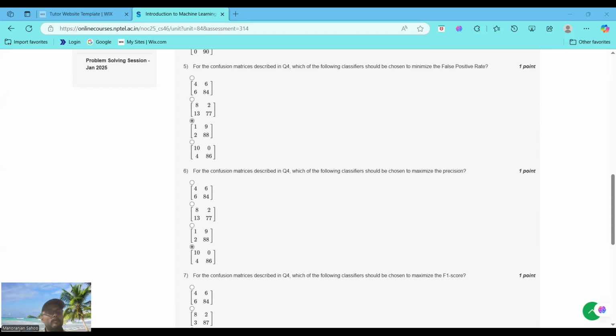Precision equals 4 by 4 plus 6, that equals 4 by 10, equal to 0.4.